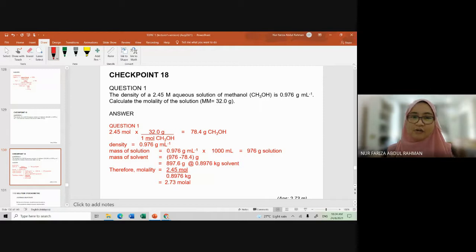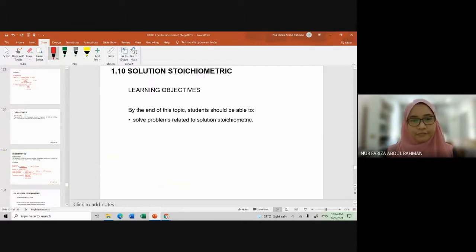Because science is all about logic and you have reasons for that. Okay, when we are talking about science, dia kena ada reason. Kalau you are not able to explain why you used this, why you used that, that means your method has a high possibility, ada kemungkinan salah. Okay, alright.